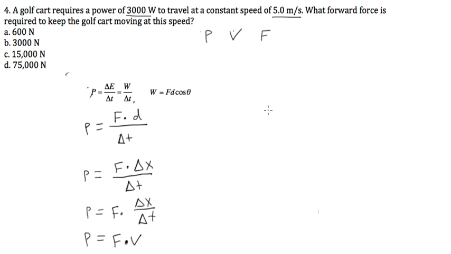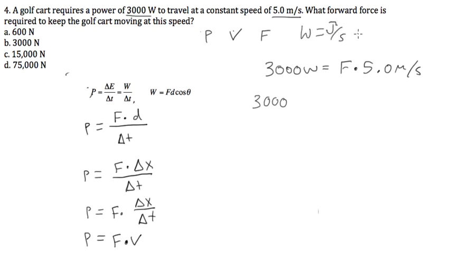And now we can just plug in our numbers. And when we divide by 5 meters per second, let's actually go ahead and rewrite watts. So watts equal joules per second, and joules equal Newton times meter.